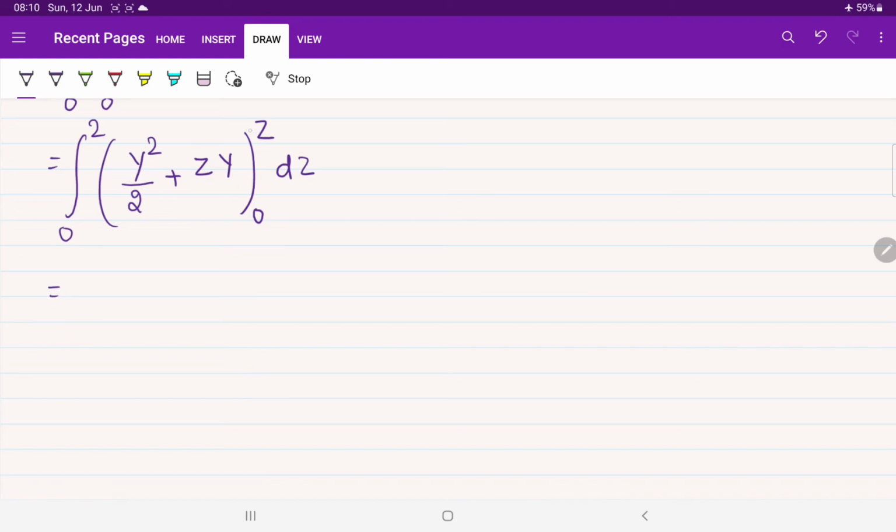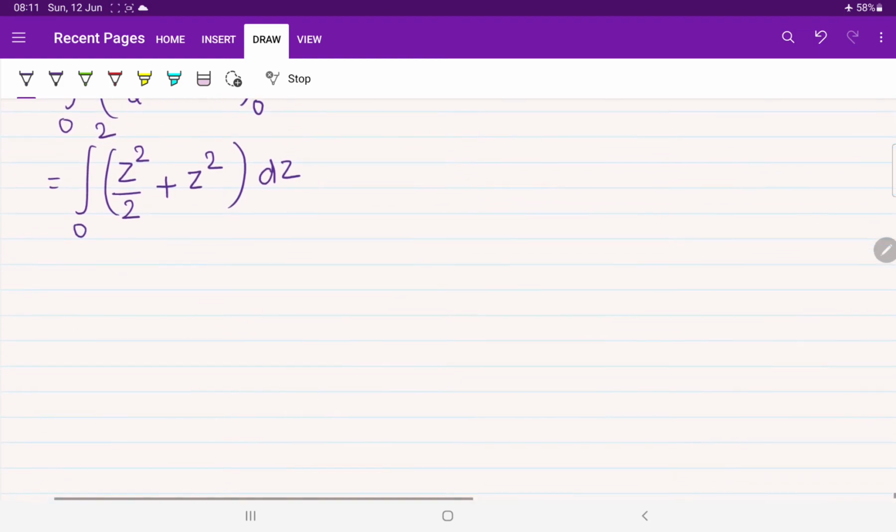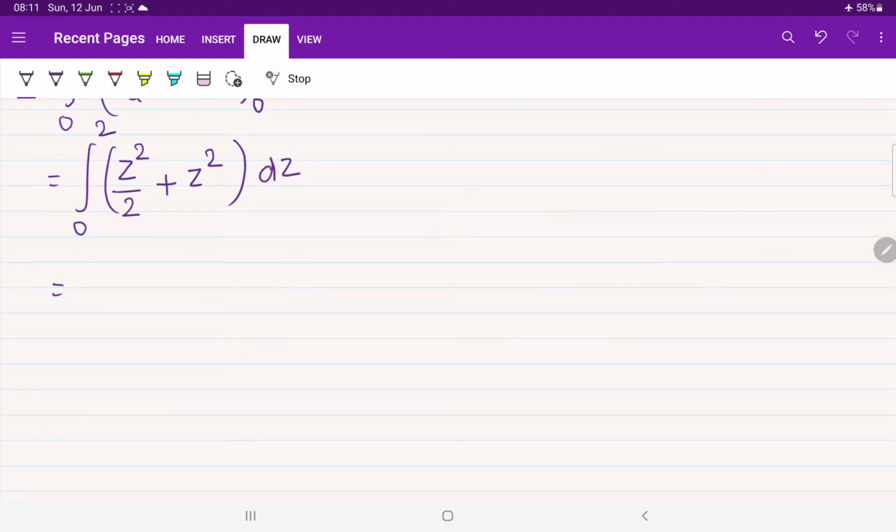If we substitute the upper limit in place of y, wherever we have y it is replaced by z, so it becomes z square by 2 plus, replacing y by z, z square. The lower limit gives 0 completely, so I am not going to consider its effect. Now, z square by 2 plus z square gives us 3 times z square by 2. So the final limit is 0 to 2 with respect to dz.